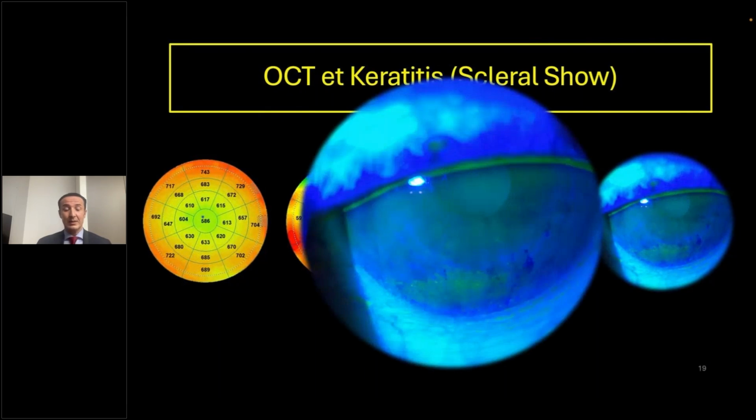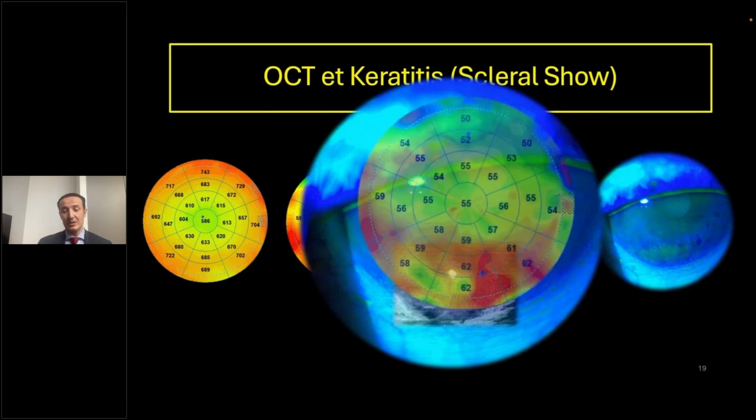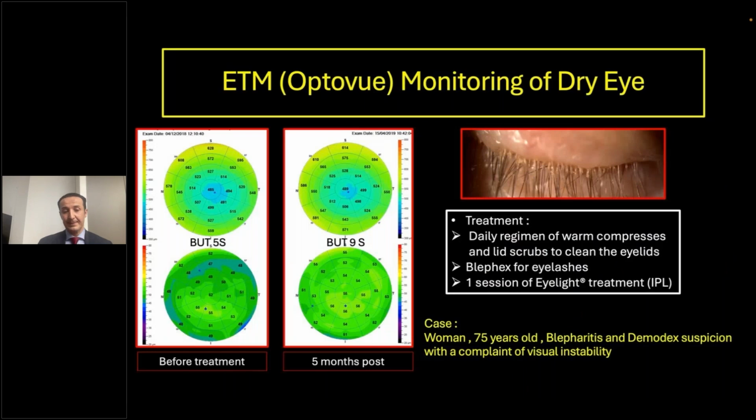And look here, in case of the scleral show with a keratitis, correlation with EMPHAS OCT, and hyperreflectivity, and the correlation with epithelium mapping and hyperplasia.